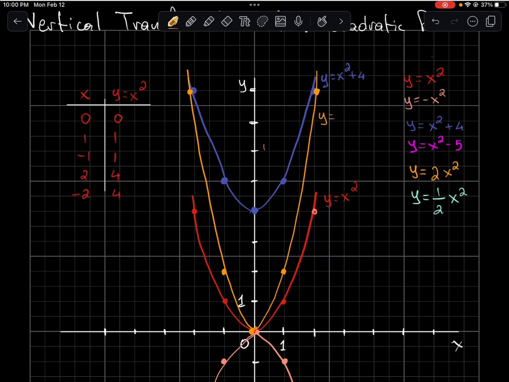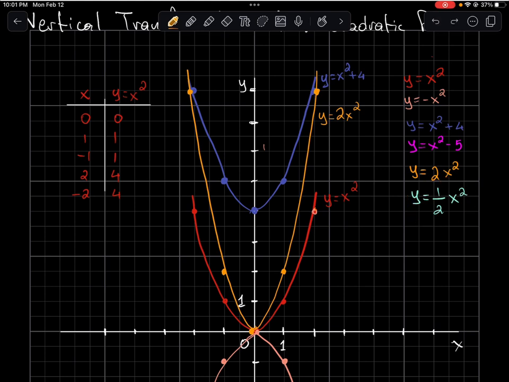Now this could be interesting. Before I get to that, I want to emphasize that when I made the points taller, I went straight up. I didn't go at all left and right. Okay, straight up.